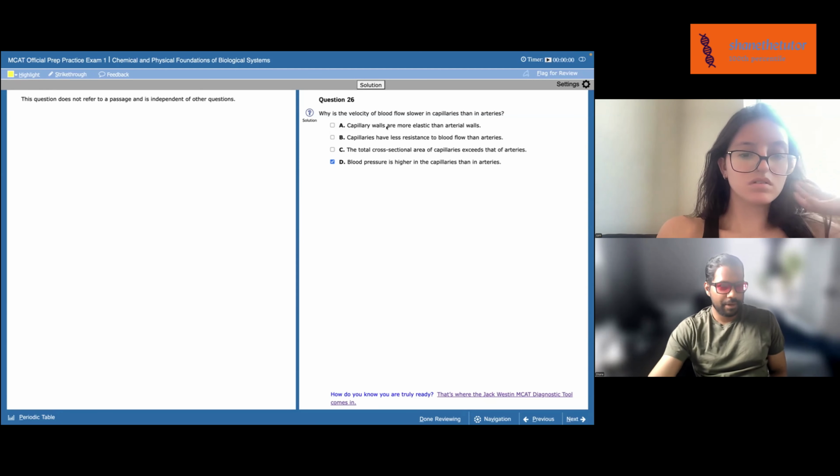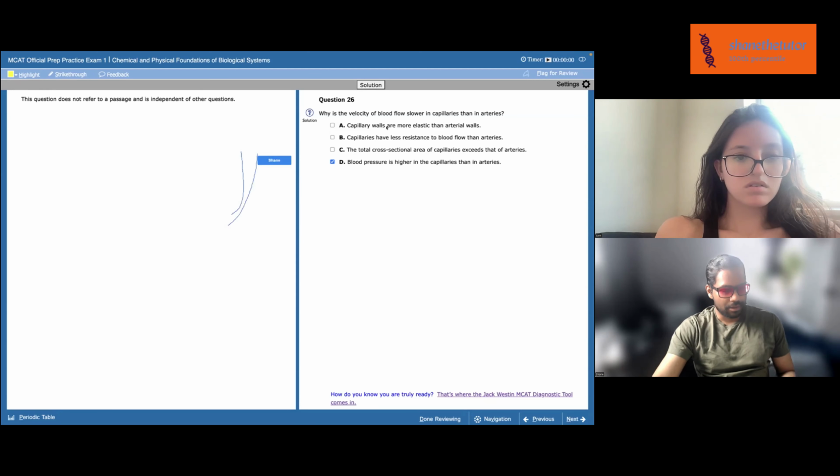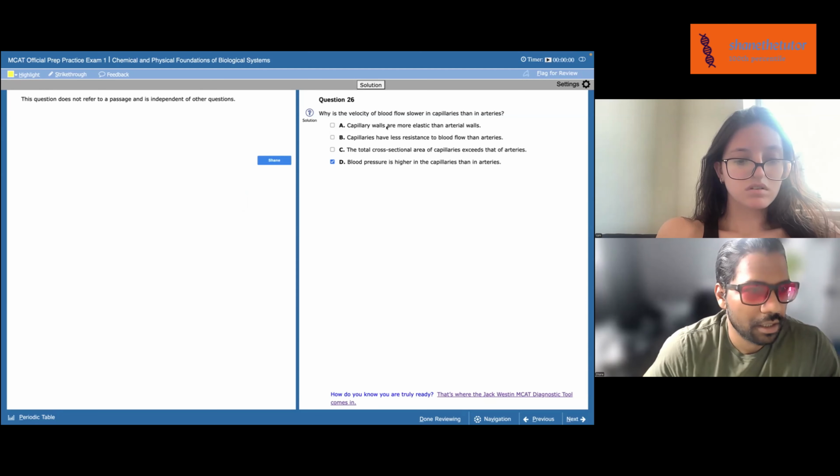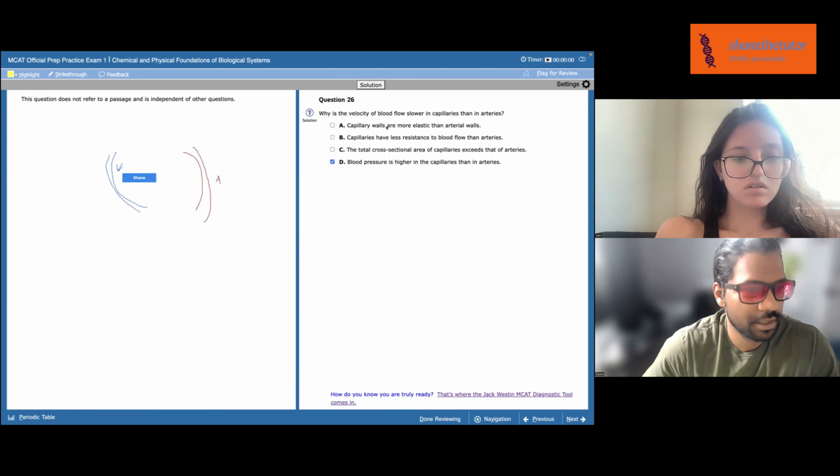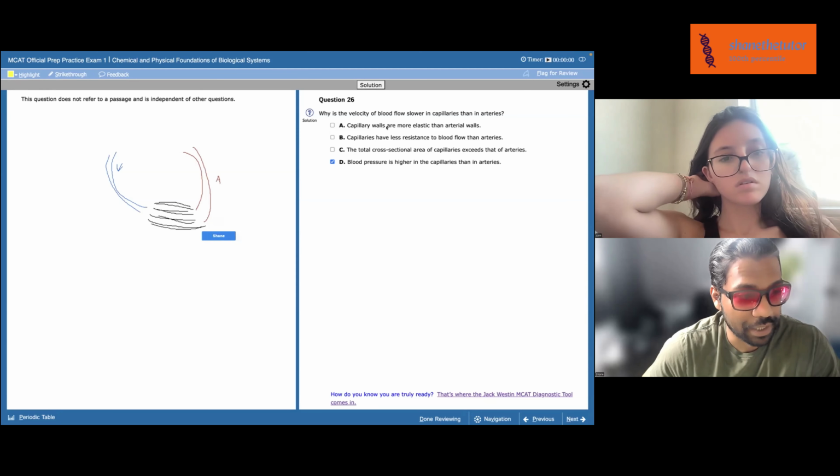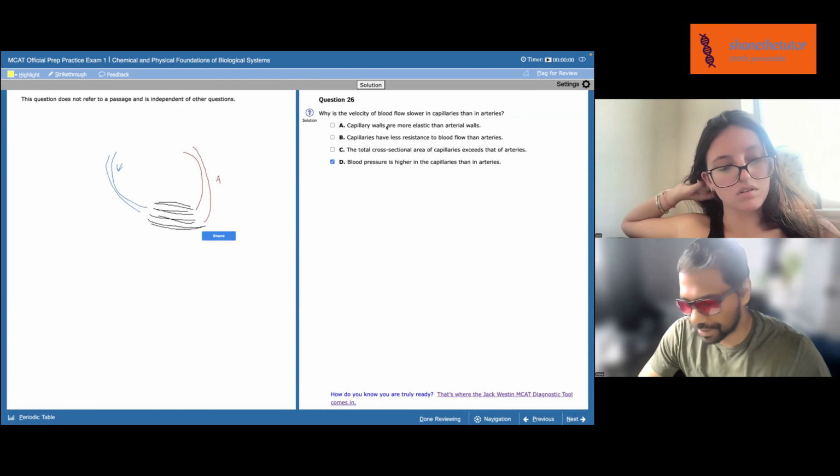So when you have, let's say these are your arteries, these are your veins, and then in between you have these super thin but numerous capillaries.